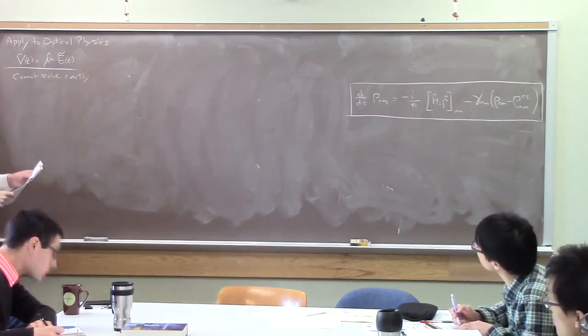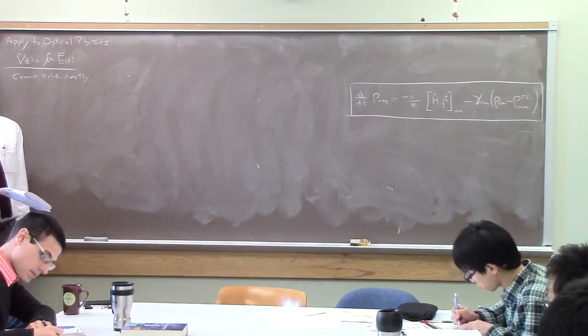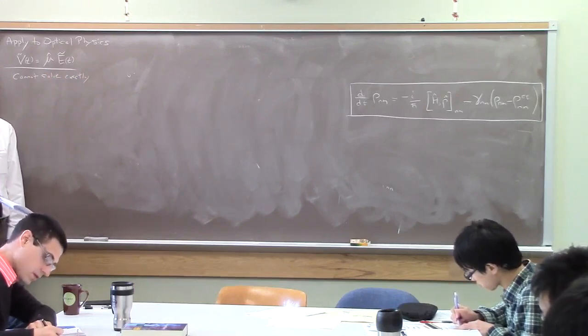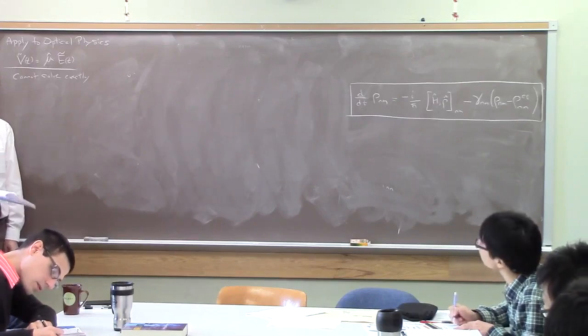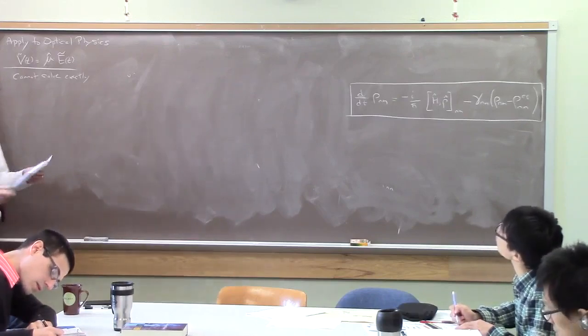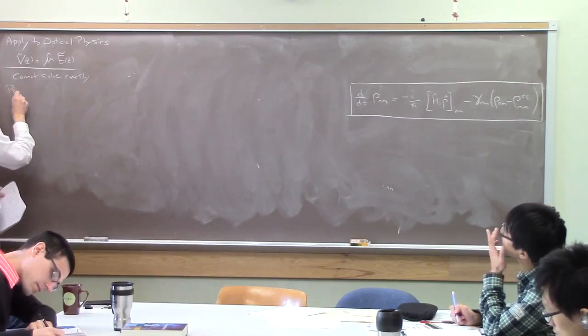Now, if you couldn't solve Schrödinger's equation analytically, it perhaps comes as no surprise that you cannot solve the density matrix equations exactly. So we have to use perturbation theory.